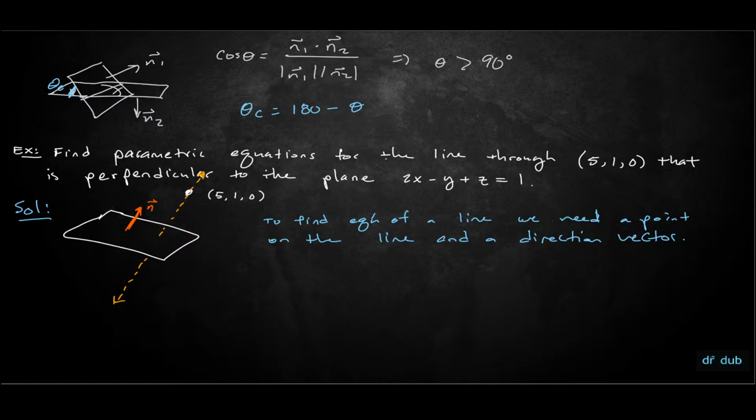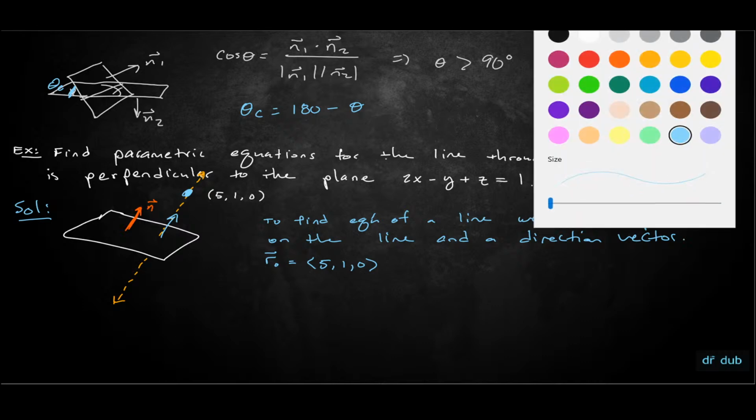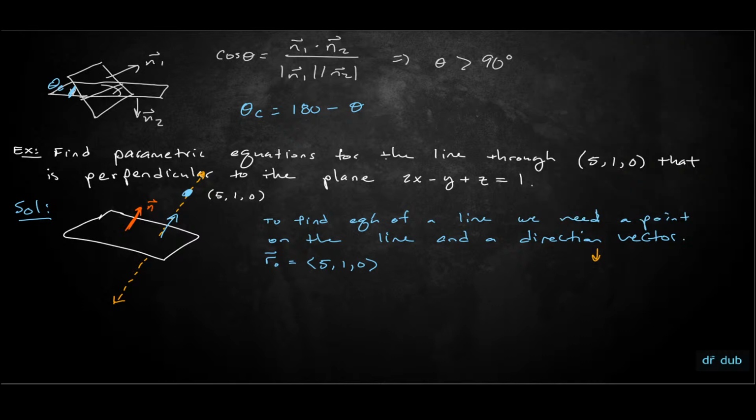We've got our point on the line, that's 5, 1, 0. So r0 is going to be the vector 5, 1, 0. But our direction vector for the line is just going to be the normal vector of the plane. So the direction vector of the line is going to be the normal vector of the plane.